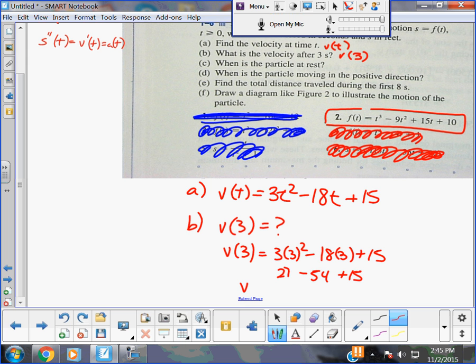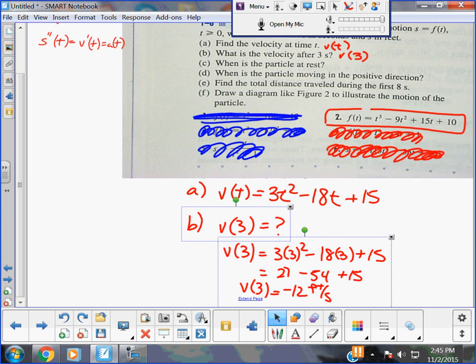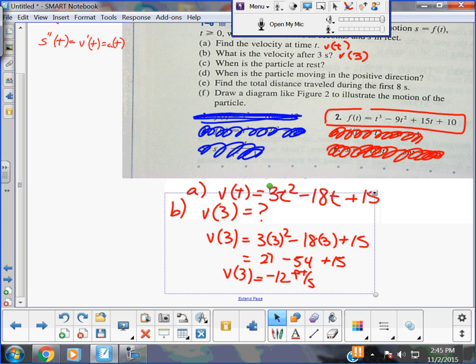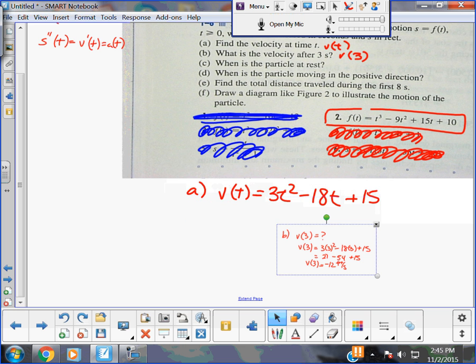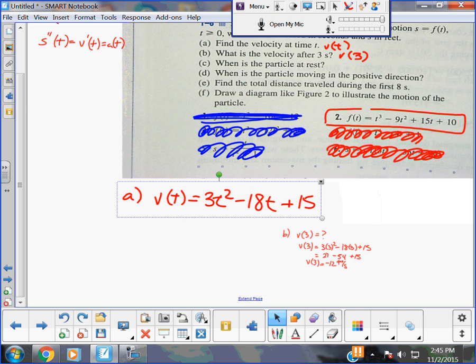And I notice immediately that v of 3 is going to be negative, and the units were feet per second. And again, I know this is a big deal. Units are huge on these problems. All right? So I just answered letter B. You know, just plug and chug. I hate to say it that way, but that's what letter B really is.